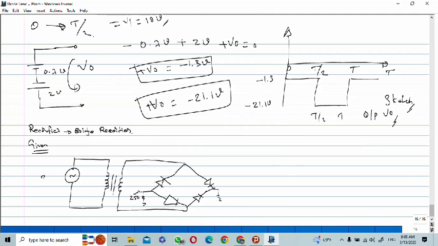The input is 220 volt AC, 50 Hz frequency. The ratio of the primary to secondary turns is 10:1.